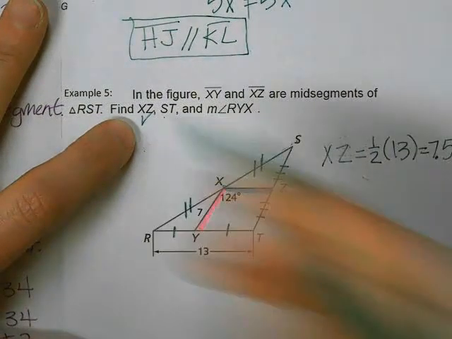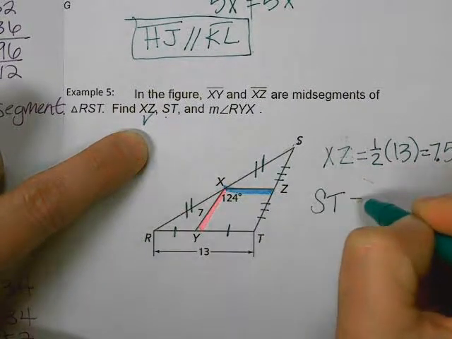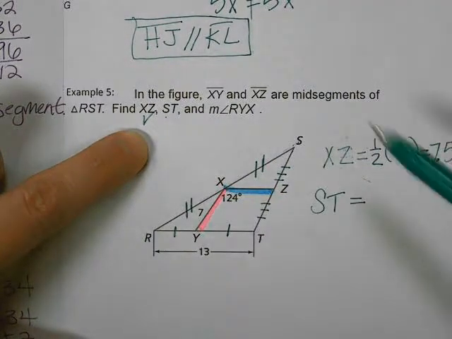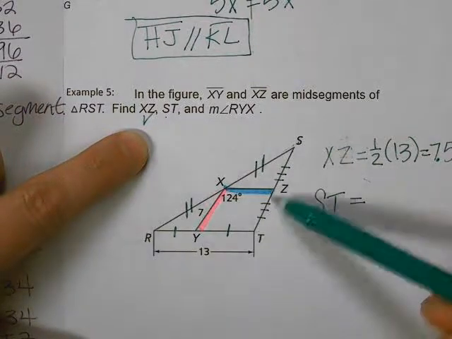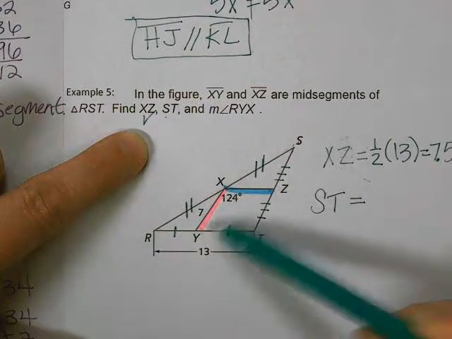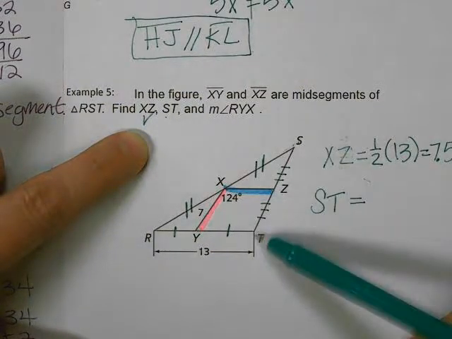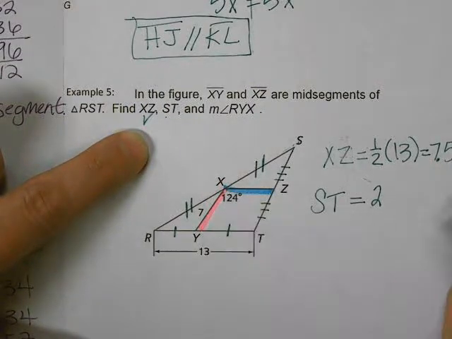All right, now we have to find ST. Notice how I checked off what I found. Now let's find ST. So ST is this length right here, and is there a midsegment that goes along with it? XY. Well, ST is the longer side, so it's going to be twice the pink line, so 2 times 7. So ST is 14.